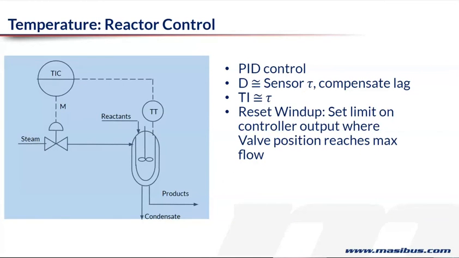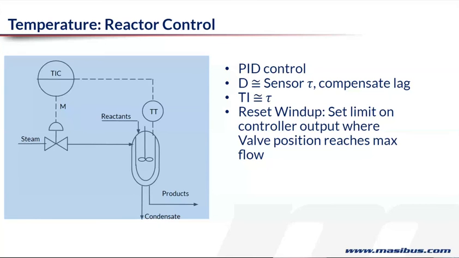The Ti setting you will set to the process response time, the RC. Now if you can't calculate it because the reactor geometry is a bit complicated, then again you will have to do the step loop response, using the tangent method or the 2-point method to calculate your tau.